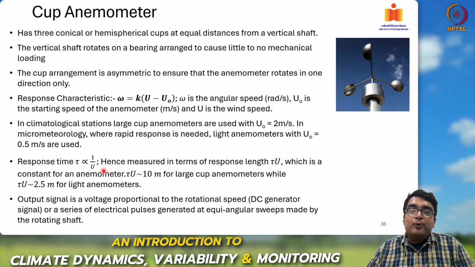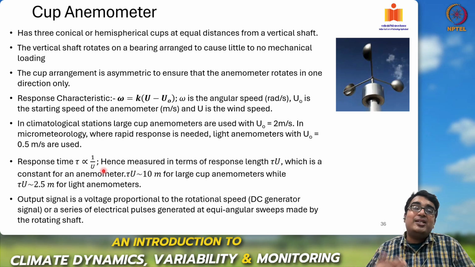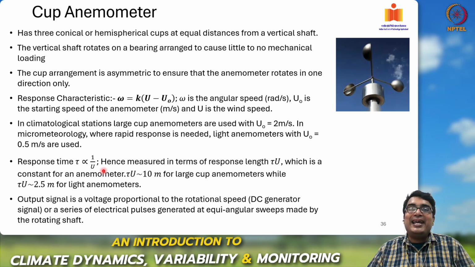Hence, suppose the velocity of the wind at the location is 5 and tau u is 10, then a change in wind speed will approximately take 2 seconds to register. However, for light anemometers, tau u is 2.5 meters.